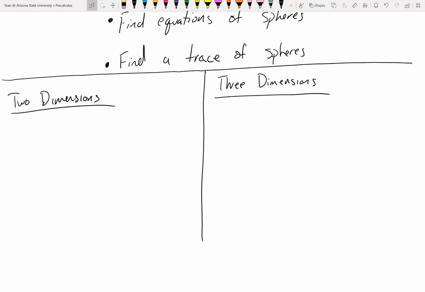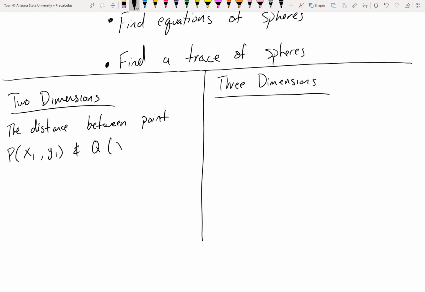So what are some obvious facts or equations and formulas that we know in 2 dimensions? Well, looking at our lesson goal, the first thing we need to talk about is the distance between 2 points. So in 2 dimensions, we know that the distance between point P, which in a Cartesian system is (x1, y1), and point Q, which is (x2, y2), is given by the distance formula.